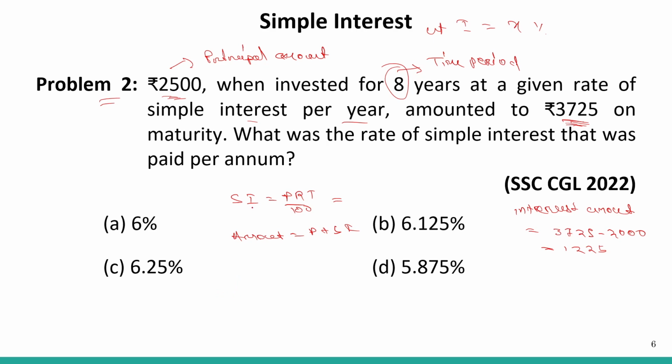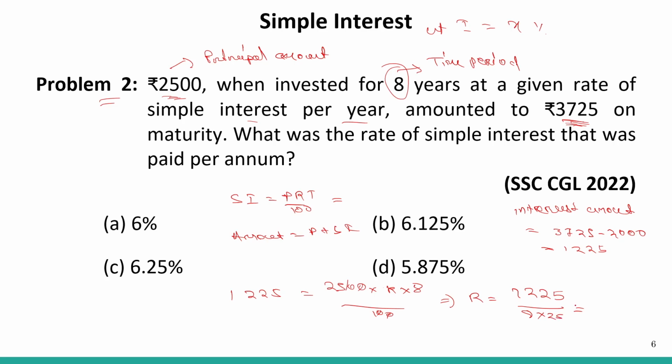Given that SI is 1225, this much is equal to PRT by 100. P is 2500 into R, which is not given, so let it be R, and T is equal to 8, divided by 100. Cancelling the two zeros, R is equal to 1225 by 8 into 25.